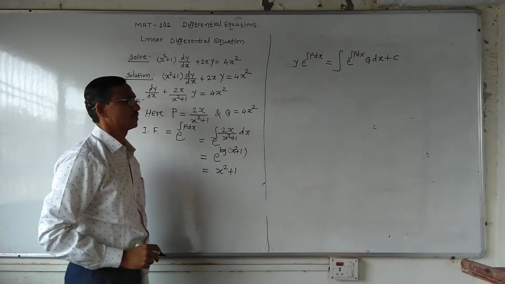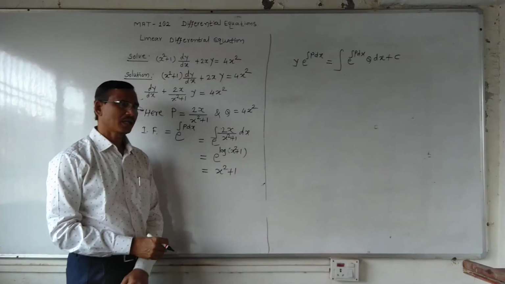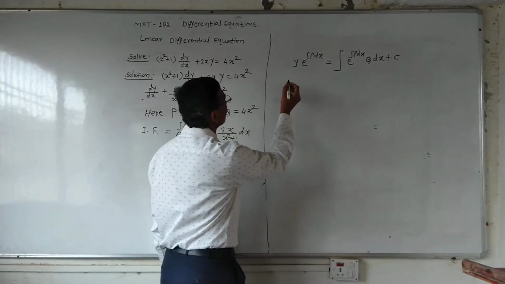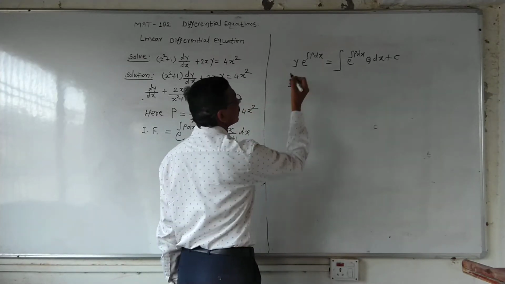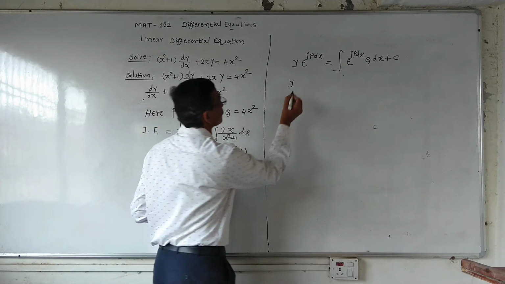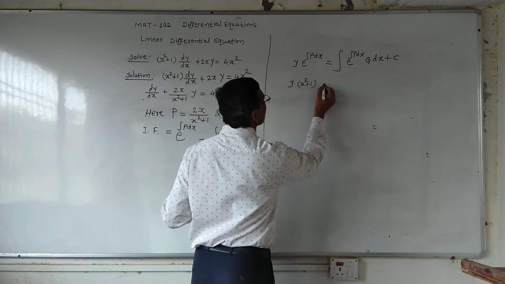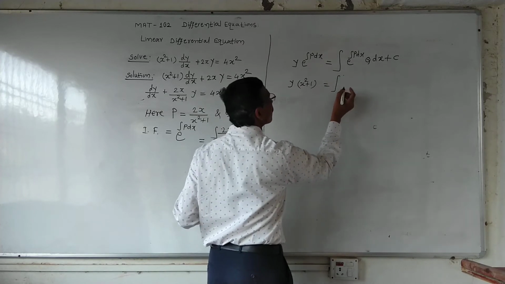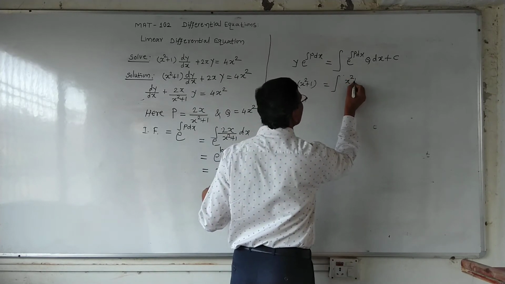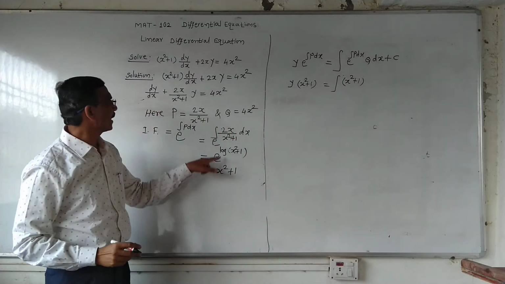This is the formula to write the solution of a first order linear differential equation. Now substitute the values. Y times e raised to integral p dx, meaning the integrating factor x square plus 1, equals integration of x square plus 1 into q. Q means the right hand side.